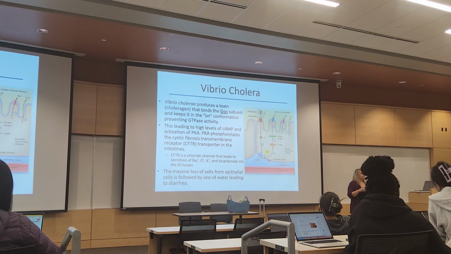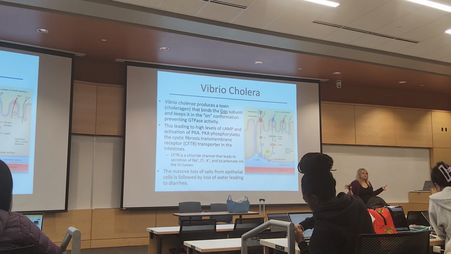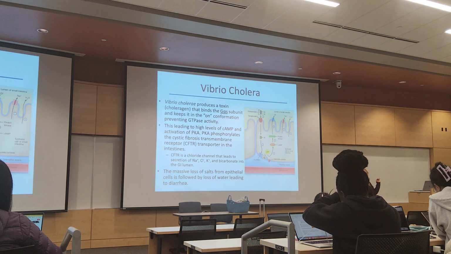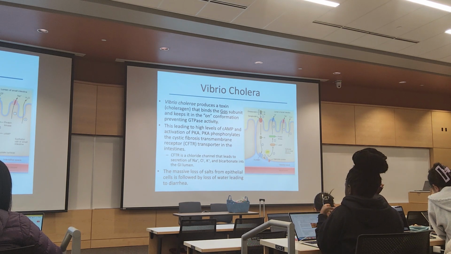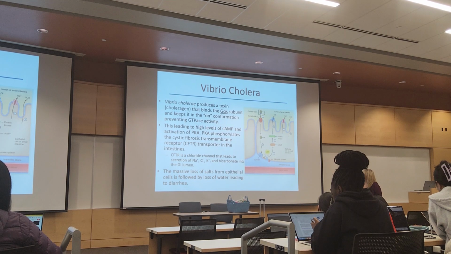I know we've all probably had diarrhea at some point. That is not the case when it comes to cholera. We are talking about life-threatening diarrhea because you're going to be so dehydrated, you're losing so much salt, it's going to lead to arrhythmias and then lead to death as a result. So it's a really serious type of infection.